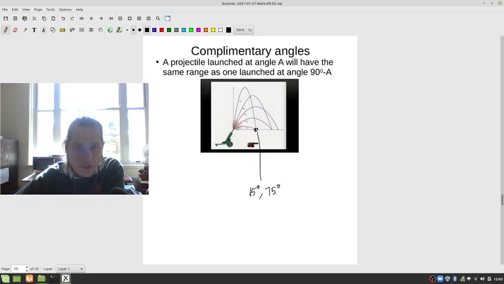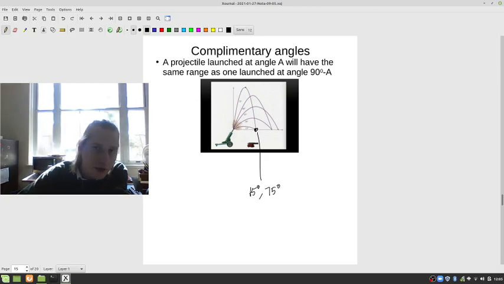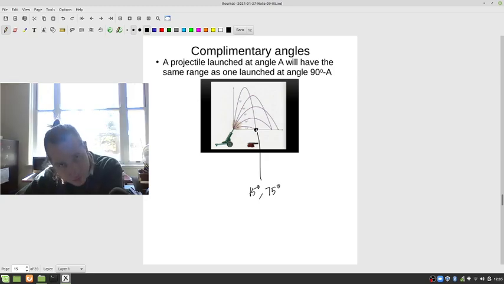Notice those add up to 90. They have the same range. They're not in the air the same amount of time. If you shoot at a low angle, you're in the air for less time. If you shoot it at the high angle, it goes way up and then comes way down.